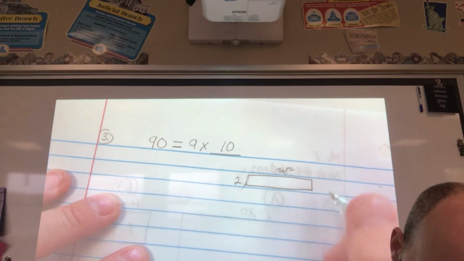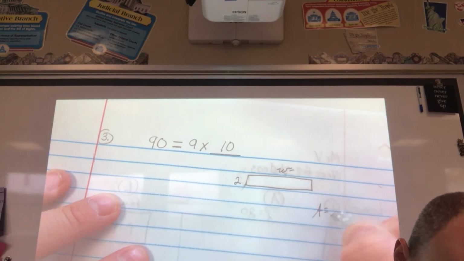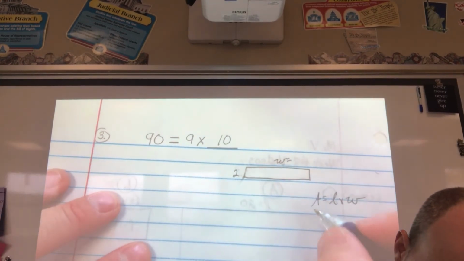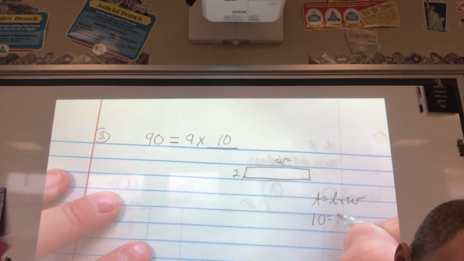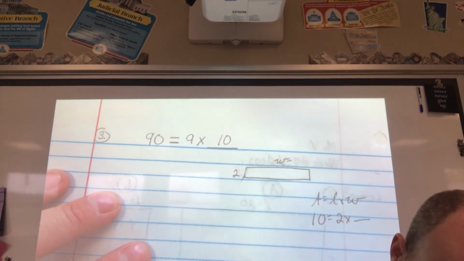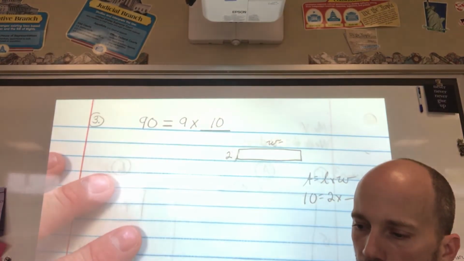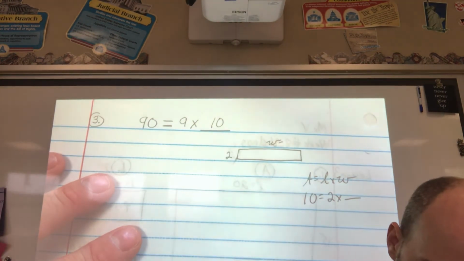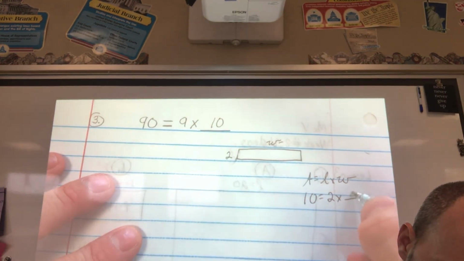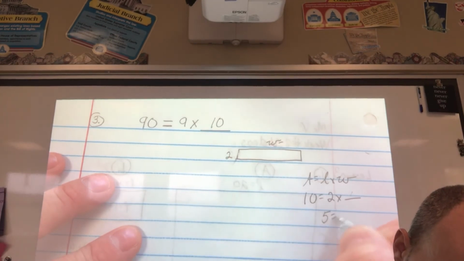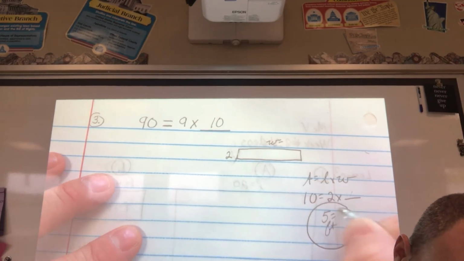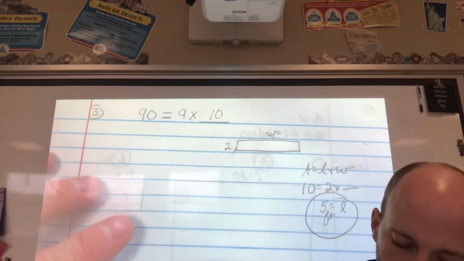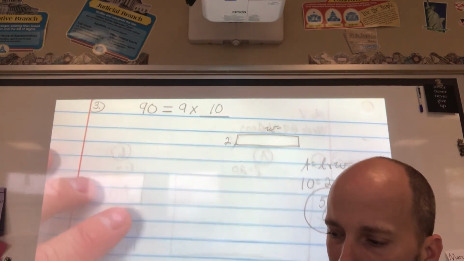So that would be area equals length times width. So that would equal 10 equals 2 times blank. And that will give me my length, which would be 5 feet equals my length. Okay?